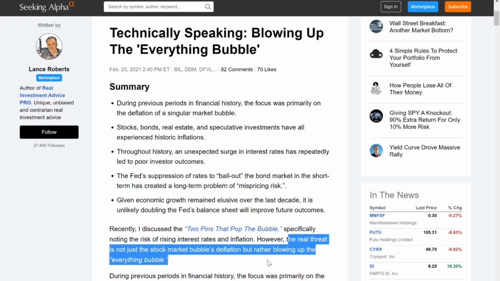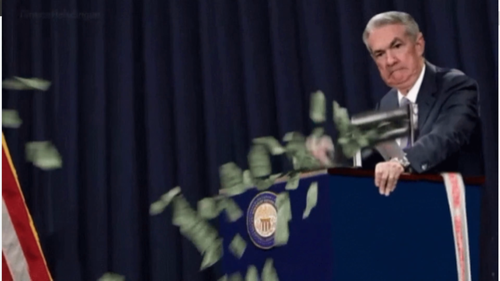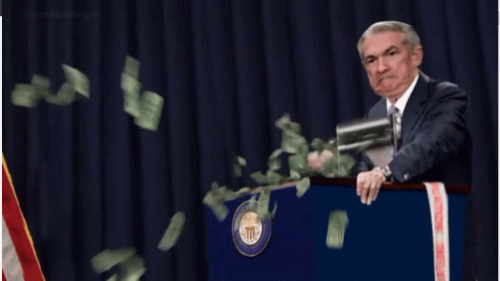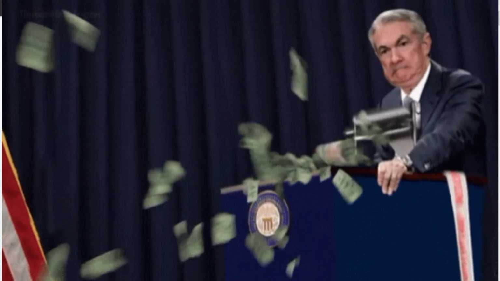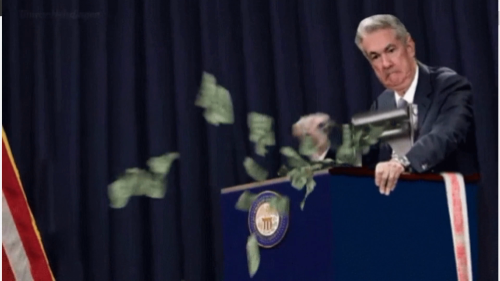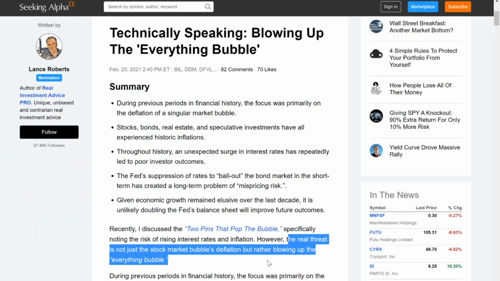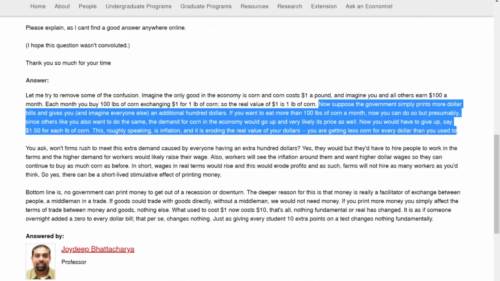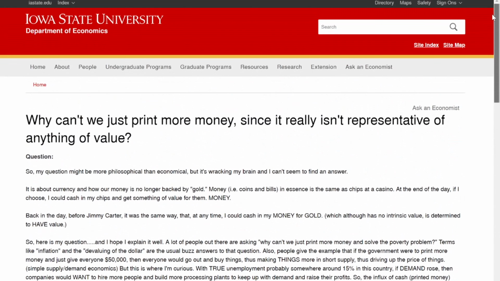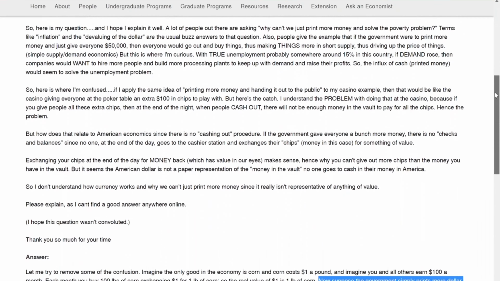Now, whenever there seems to be an economic problem, more money is printed by the central banks and pumped into the markets. However, when more is in circulation, the less valuable the currency becomes. Now, I've just been having a look at Iowa State University's page, and there's an example here.